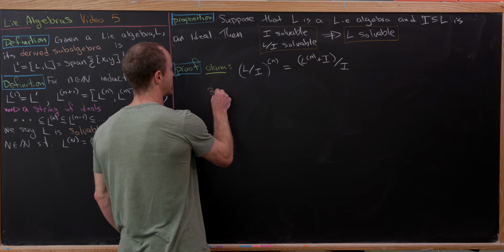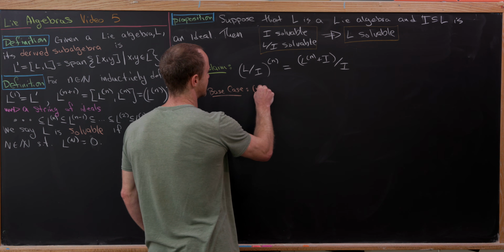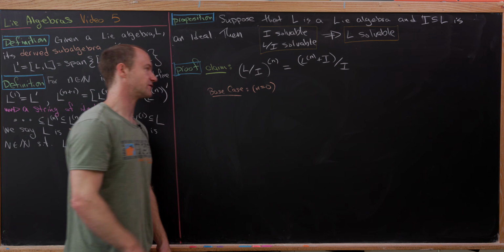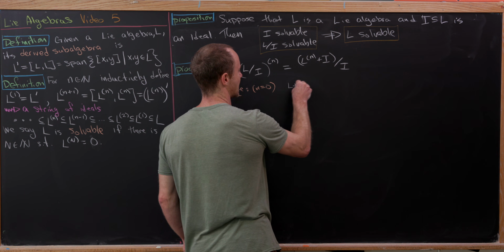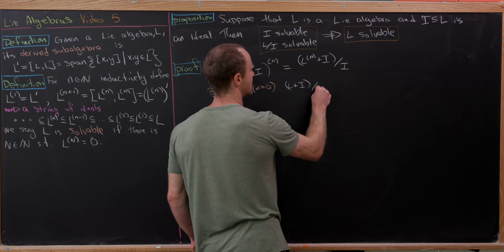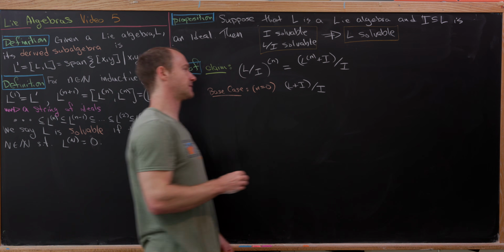For our base case, let's take the case when n is equal to 0. And let's start on the right-hand side. So we have L plus I mod I, because upper 0 is just the parent Lie algebra.